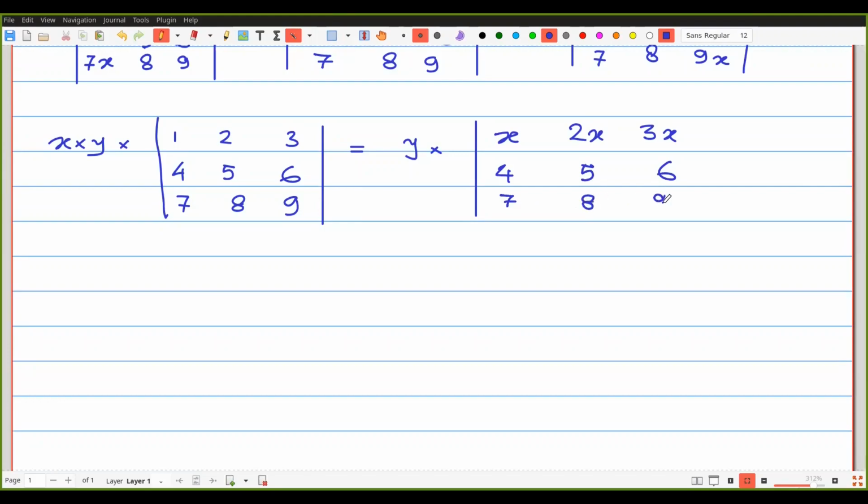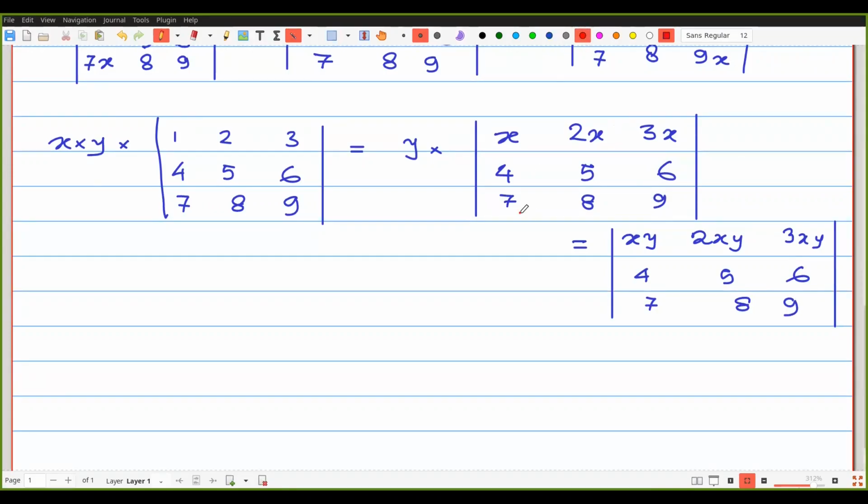That is the first step. Suppose after that I multiply y once again with the first row. So it may become xy, 2xy, 3xy, 4, 5, 6, 7, 8, 9. That is one case.